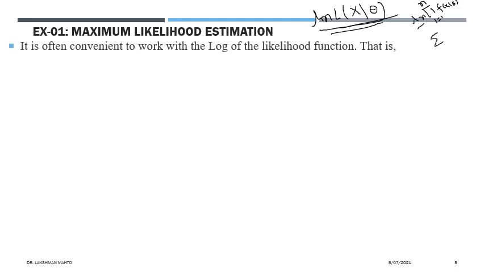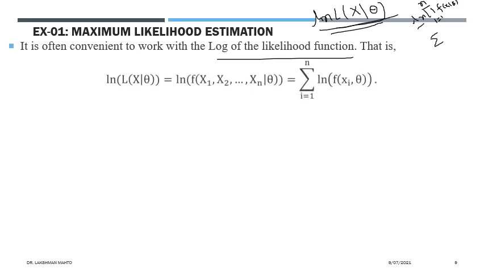So in place of proceeding with the likelihood function, we can proceed with the log of the likelihood function, that is, ln of L of x given theta. Due to that, we get a summation kind of approach, the separable structure of this log likelihood. We will find the maximum value for this.